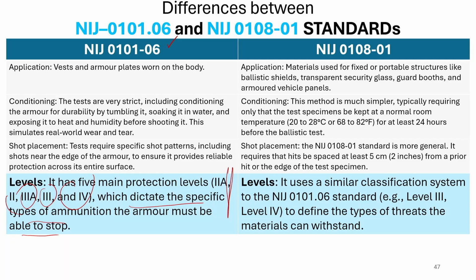And in NIJ 0108.01, a similar system is adopted, level 3, level 4 like this, to define different types of threats the material can withstand. So the levels for both the standards are almost the same.